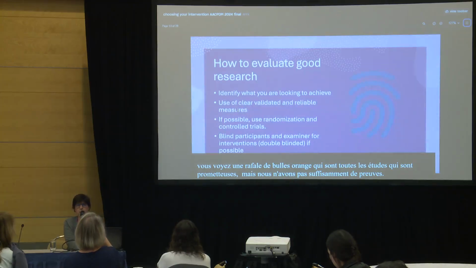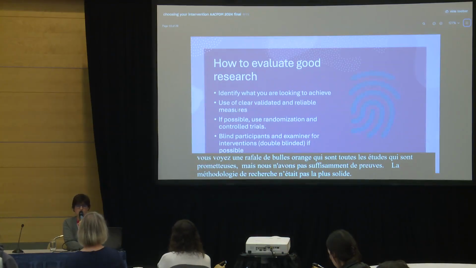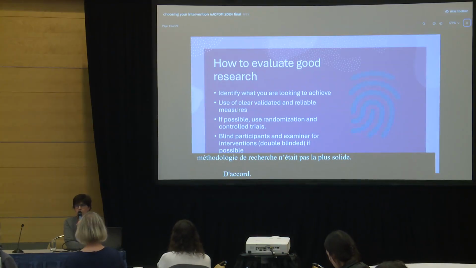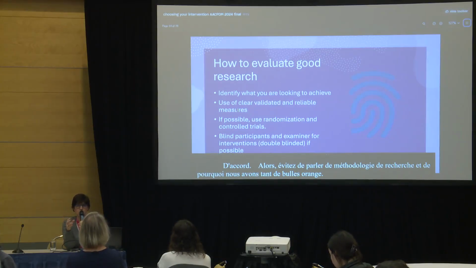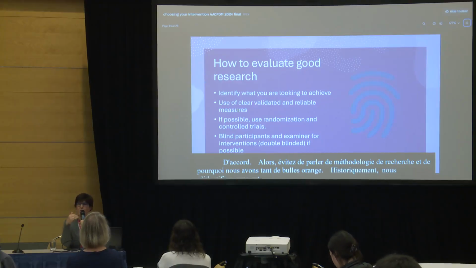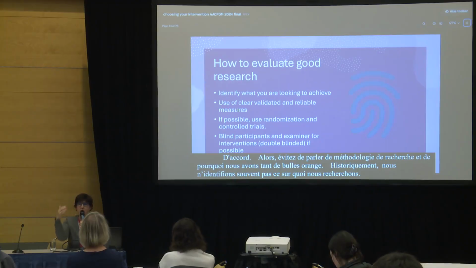Okay, so a word about research methodology and why we have so many orange bubbles. So again, historically, we often didn't identify what we're researching. And so a lot of the older studies don't hold the expectation and they get downrated.